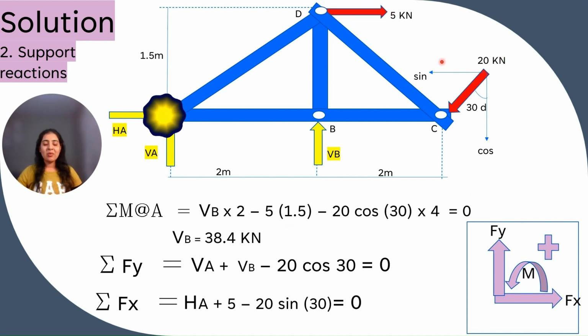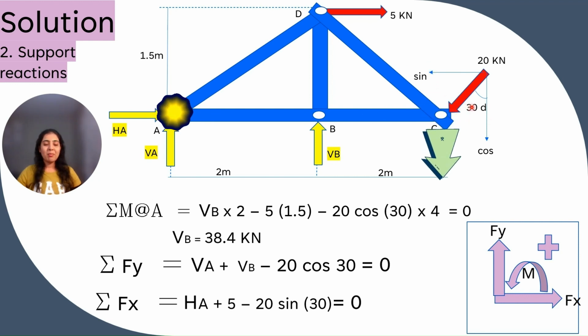Now we have to resolve this inclined load into its components for the equilibrium calculation. This force is making 30 degrees with the vertical axis. So according to the trick, the vertical component will be the cos component of this force, and the horizontal component, the remaining component, will be the sine component. Remember this trick.